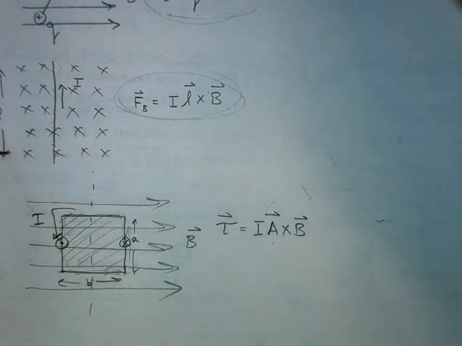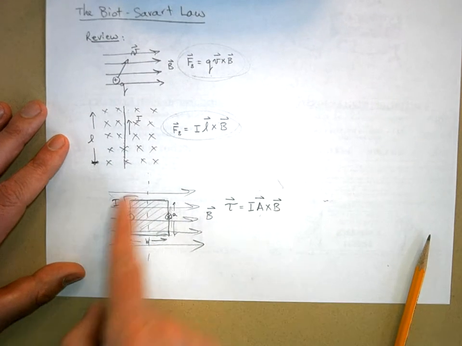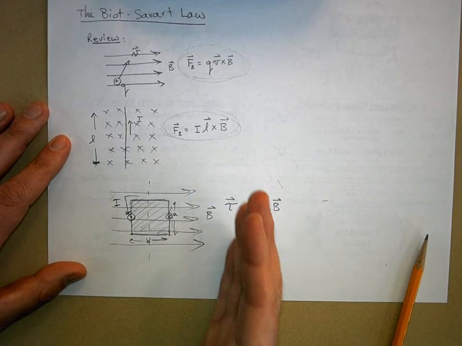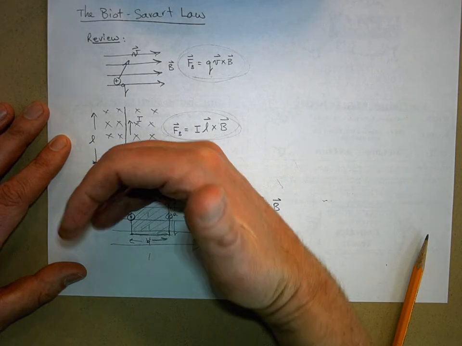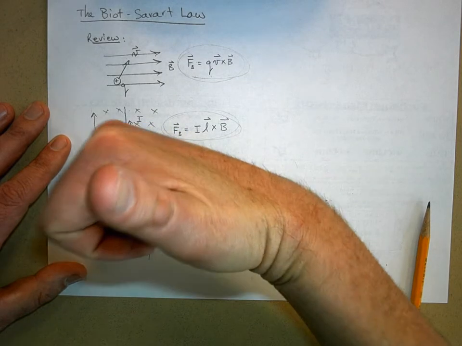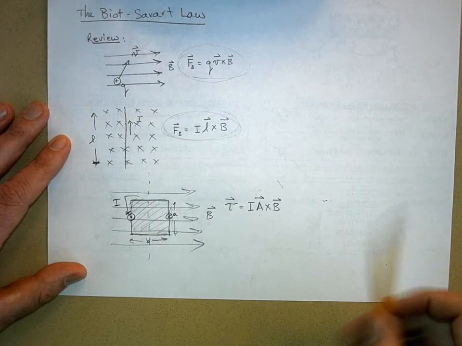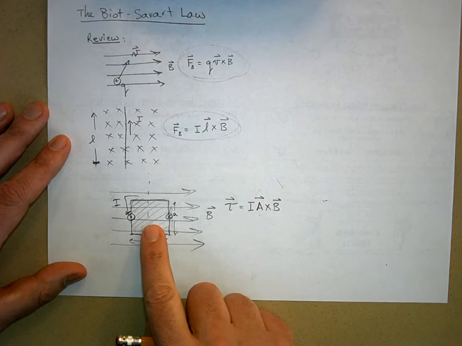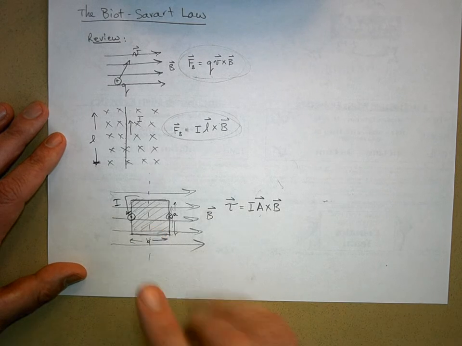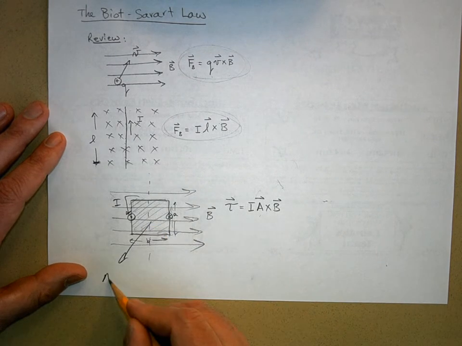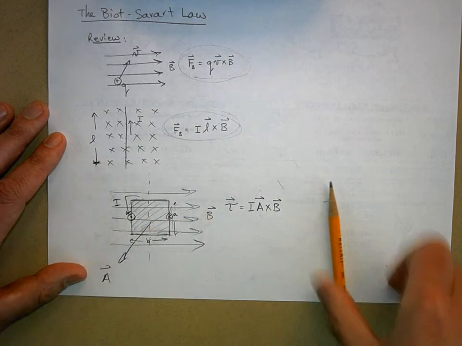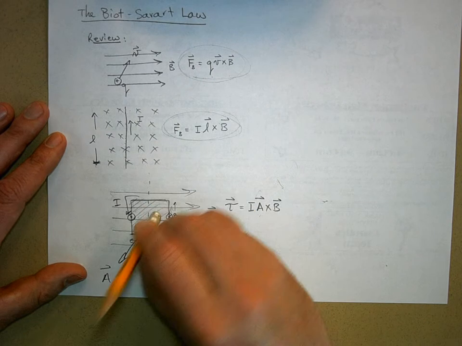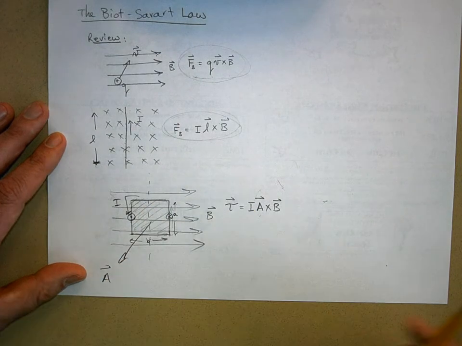Let me zoom out so we can get a better view. Here's the current going around counterclockwise. So I take my right hand and circulate it in the direction of that, and so my A vector, the direction of my area vector, is outward like this, out of the paper. If I draw it in perspective, it will come out.